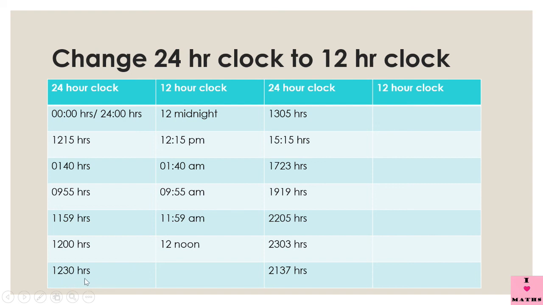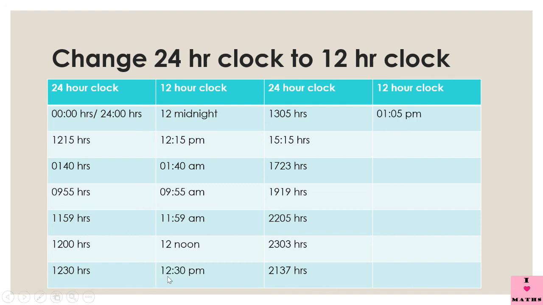Okay, 12:30 hours. Now remember, after 12 noon, we write PM till 12 midnight. So 12:30 hours will be written as it is, and we will write PM with it.